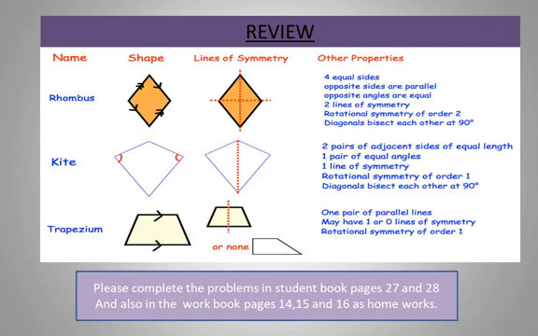The other trapezium, the lower one, has no lines of symmetry. But all the trapeziums will have rotational symmetry of order 1, because we already learned that all shapes have rotational symmetry of order 1, since the shape will match its original position one time when we rotate it.